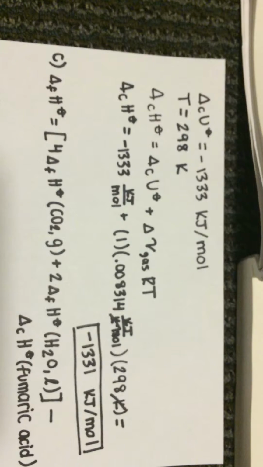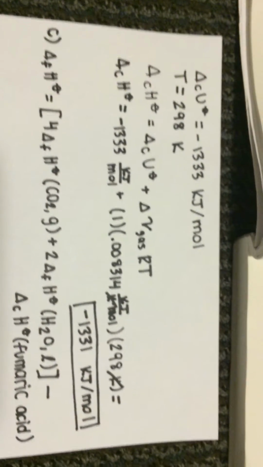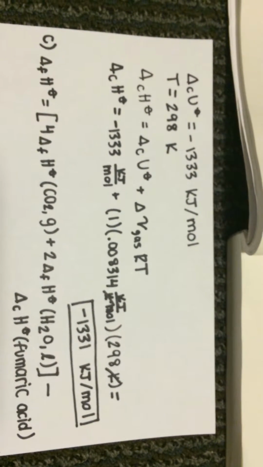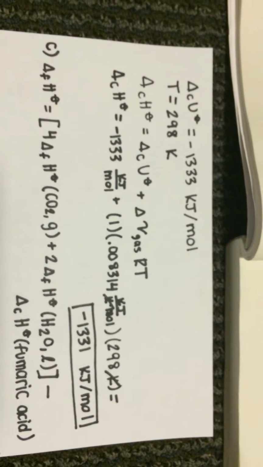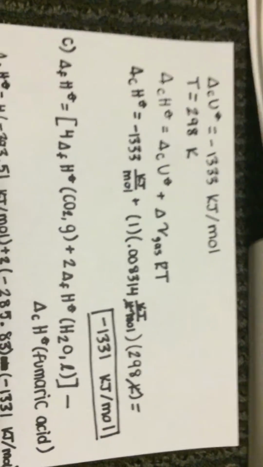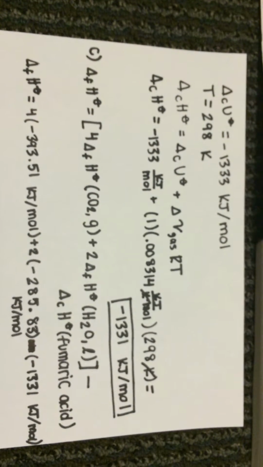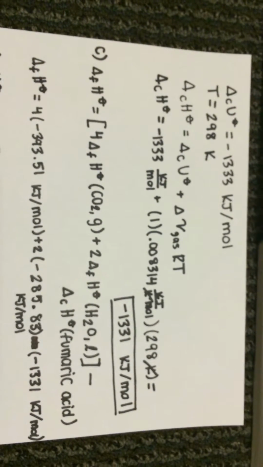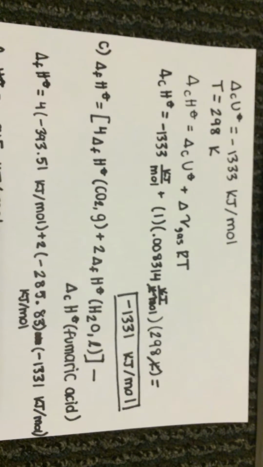So we have the standard enthalpy of formation of carbon dioxide times 4 plus the standard enthalpy of formation of water times 2, the coefficient, minus our standard enthalpy of combustion of fumaric acid, which we just found in part B, which is negative 1331. We plug everything in to get 4 times negative 393.51 kilojoules per mole plus 2 times negative 285.83 kilojoules per mole minus negative 1331 kilojoules per mole.